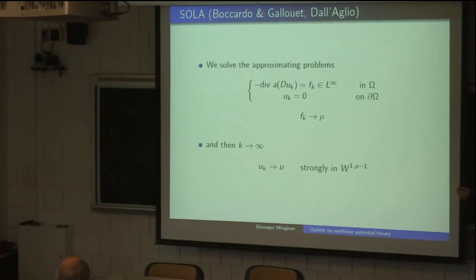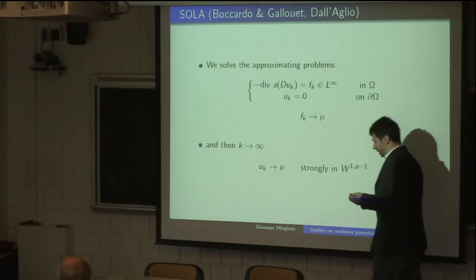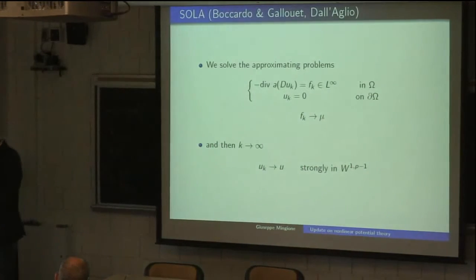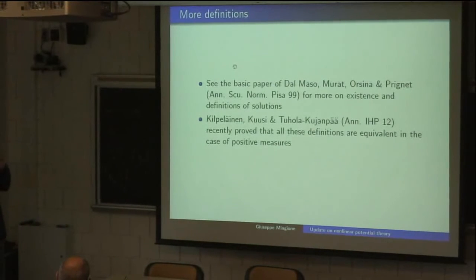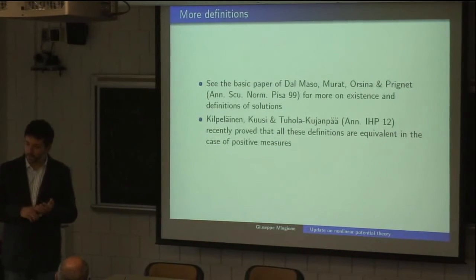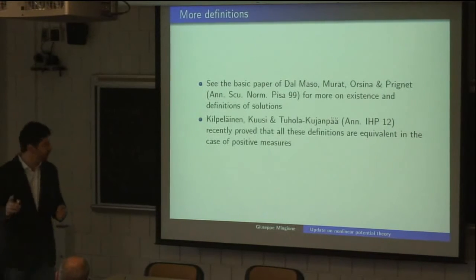There are then other solutions, for instance, the renormalized solutions as introduced by Dal Maso, Murat, Orsina, and Prignet. And what's the name of the other solutions? The ones there are entropy solutions.